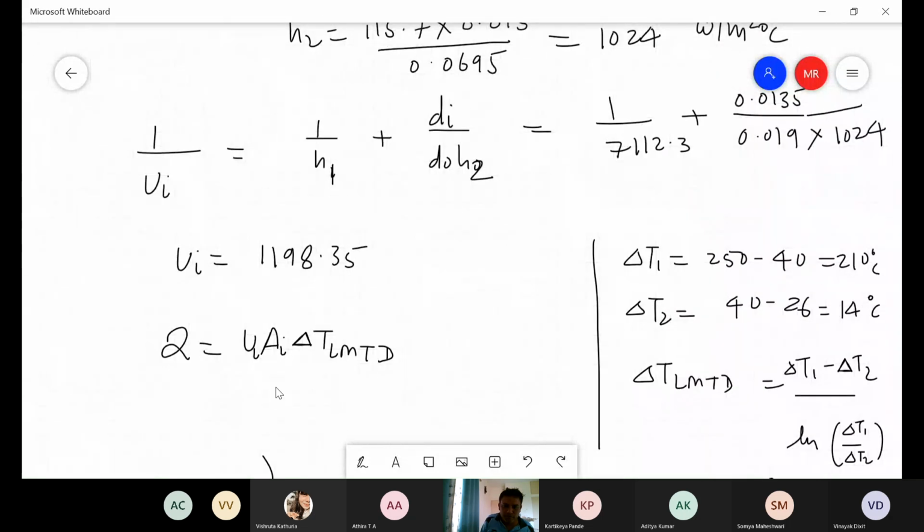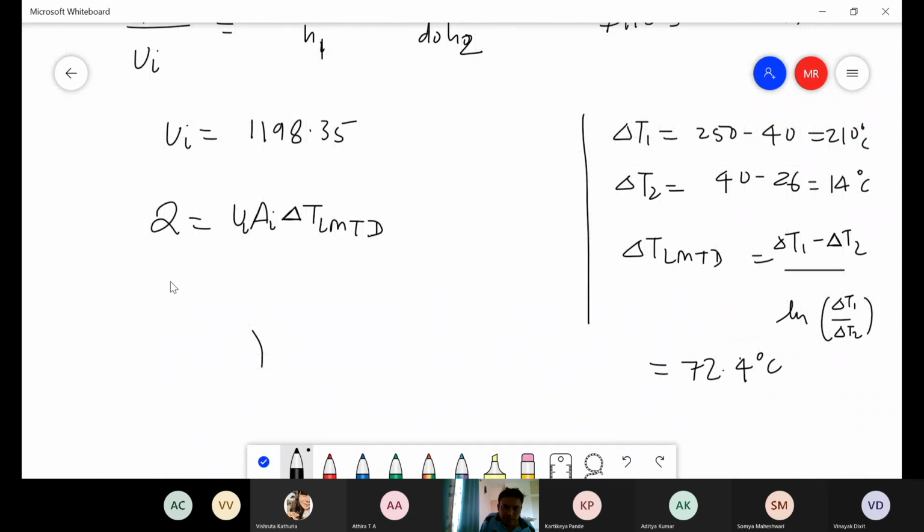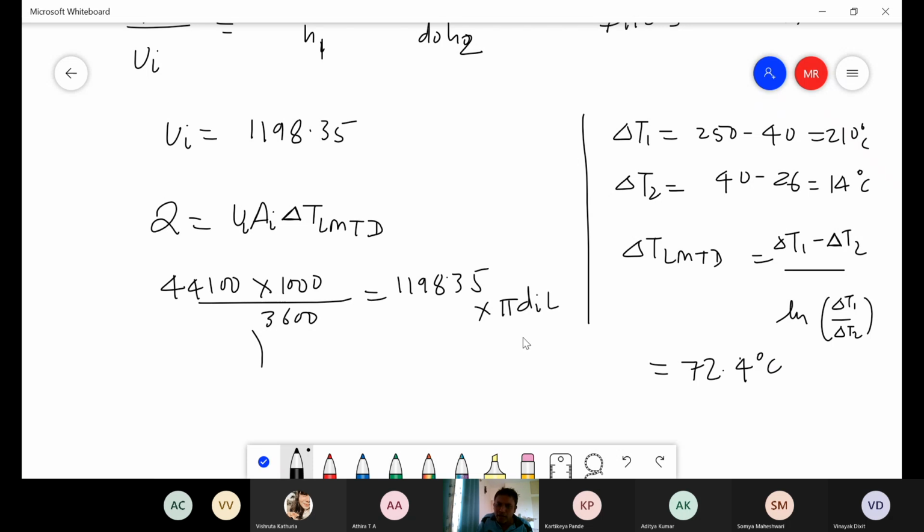So 44100 kilojoule per hour is given. So that is 1000, so that is joule per hour, divided by 3600. UI is 1198.35 into A, where A is pi DL, the internal area. So pi DI into L into delta T LMTD, which is 72.4. So we can calculate L here.